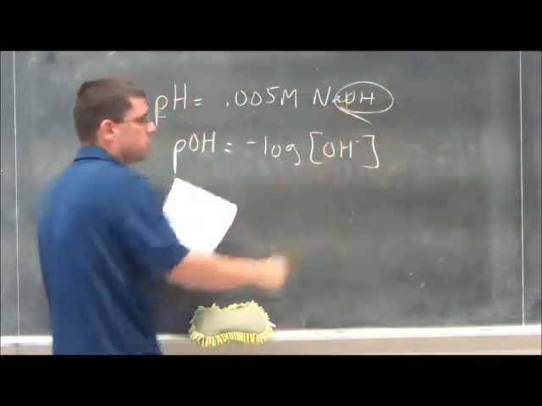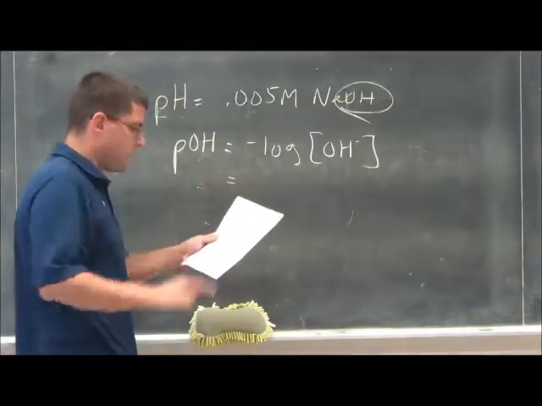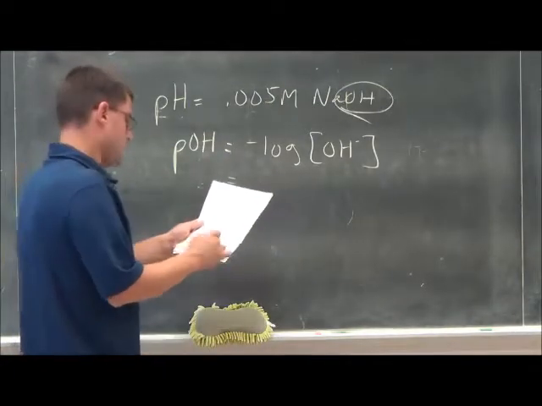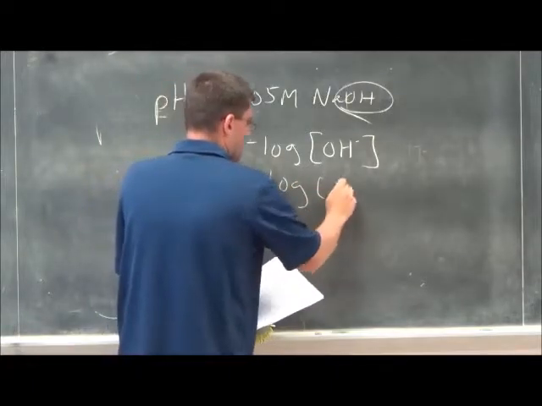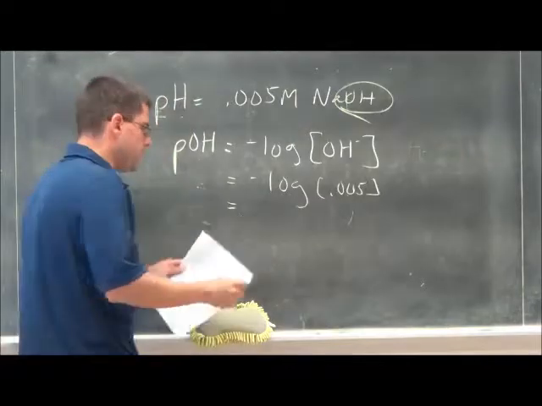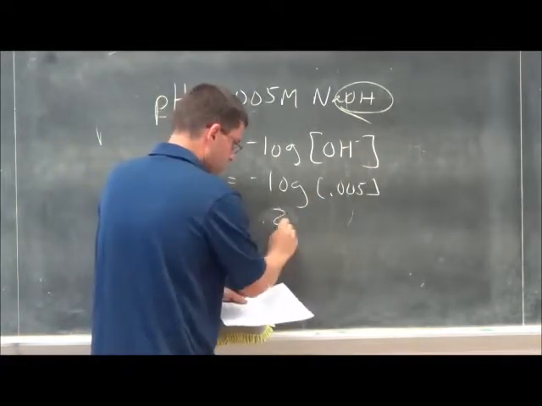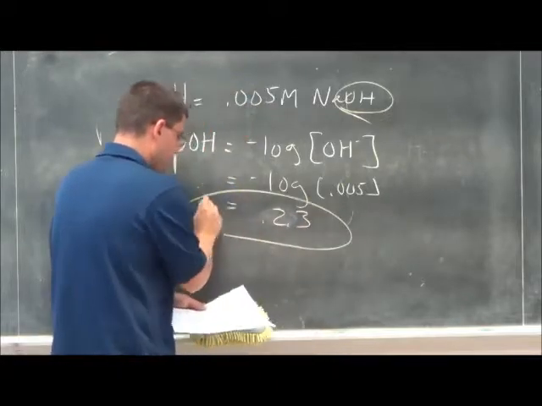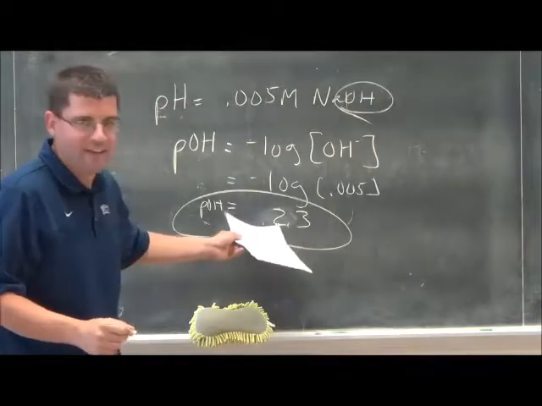Type in negative log of 0.005, and our answer is 2.3, our pOH.